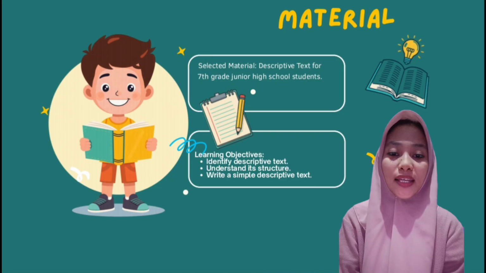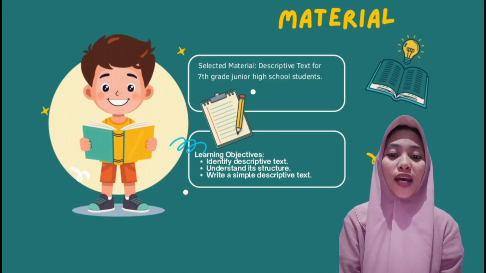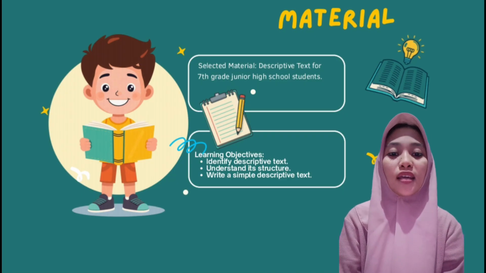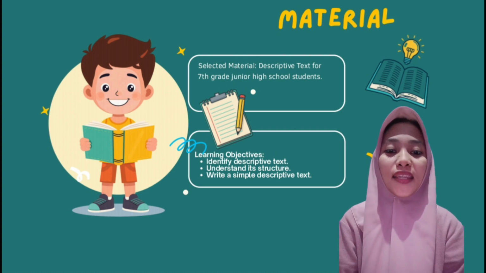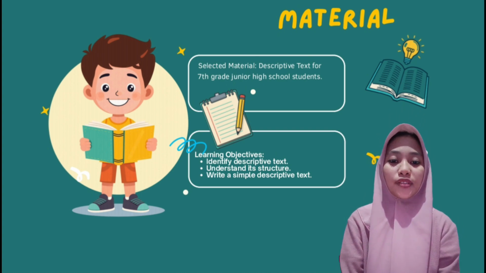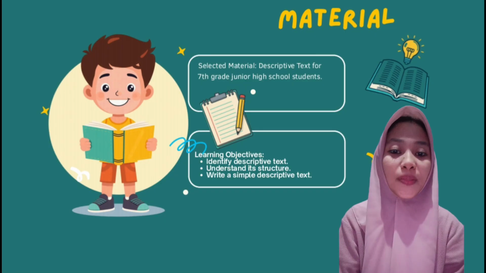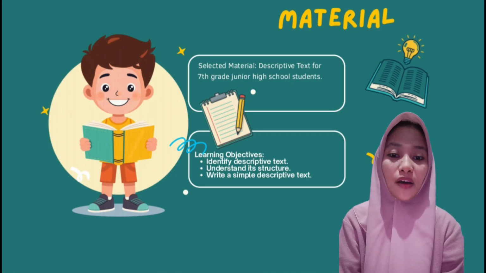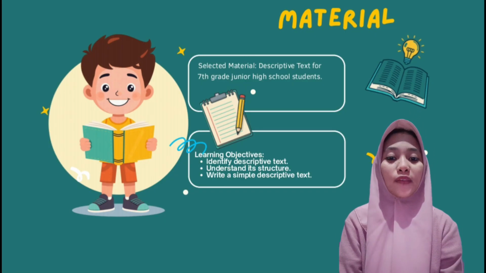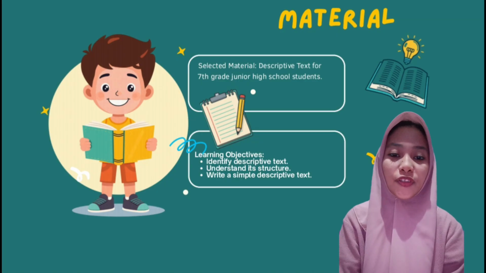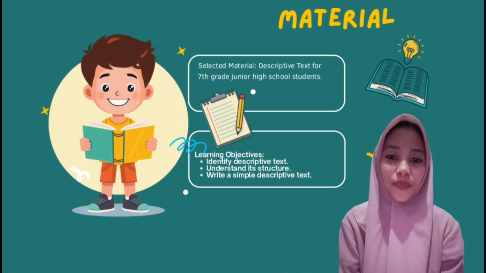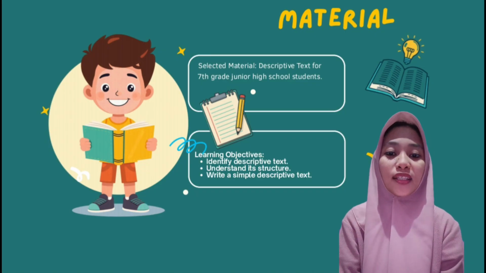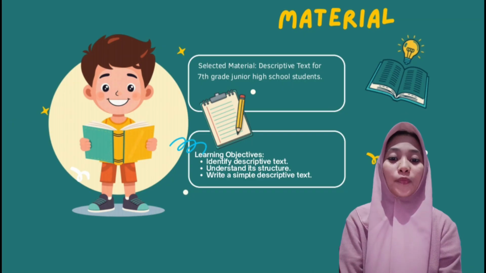The learning objectives are for students to understand the definition and structure of descriptive text, identify its language features, and write a simple descriptive paragraph about a person, place, or thing. I chose this material because descriptive text is one of the basic topics that students need to master before learning more complex types of text.